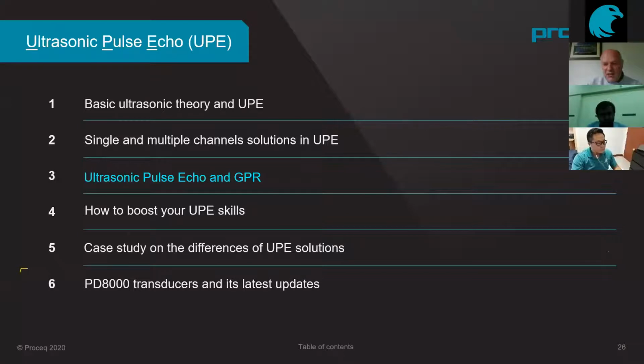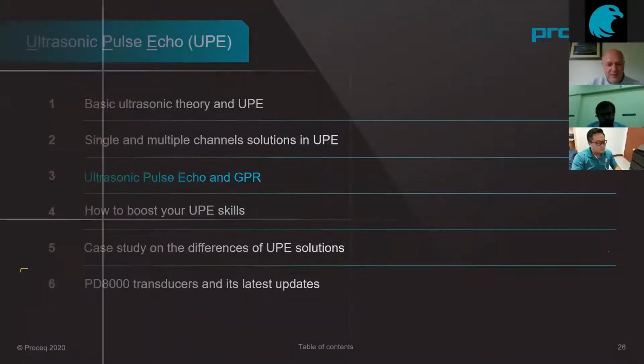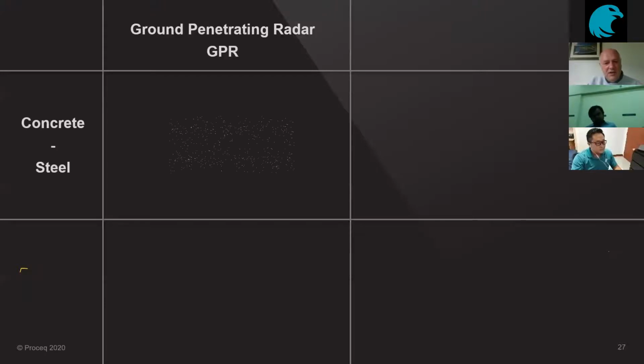Ultrasonic Pulse-Echo and GPR. Basically, these are complementary technologies, and it's something that Proceq have been trying to push home this message for a long time now, because we actually manufacture both. There's not one technology that can measure every type of object you have inside the concrete, and it's important to understand that.